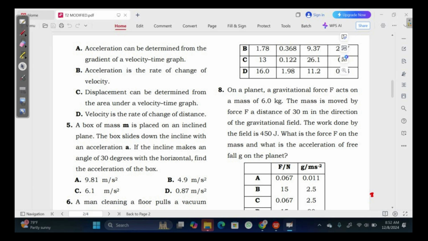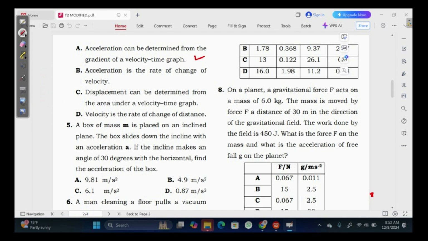That's very true. If you have got the velocity time graph, this is time, this is velocity. You can find the acceleration using the gradient. So the gradient, we say the change in v, the same thing as change in y over change in x. That's how we find the acceleration under a velocity time graph. So this is true.